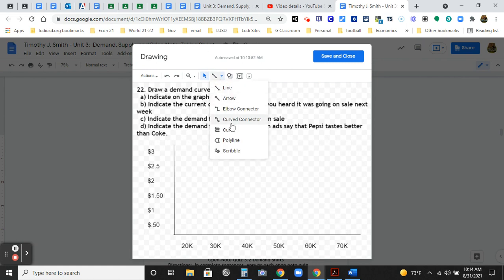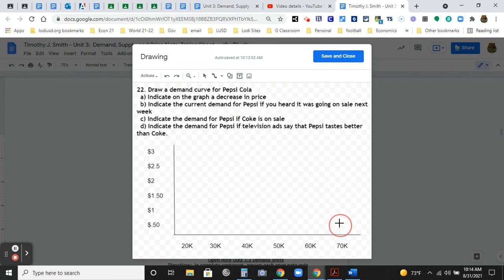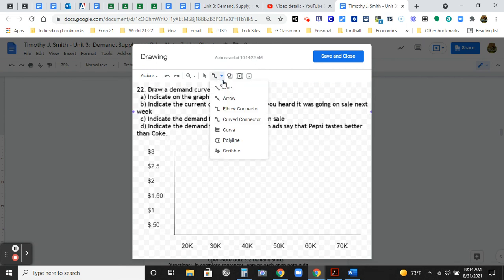But this time, let's try a curved one. Whose price is this one? Okay, that looks terrible. I don't know. I hate that. Let's try it from the other side. Curve.